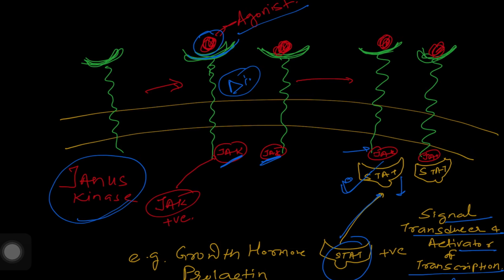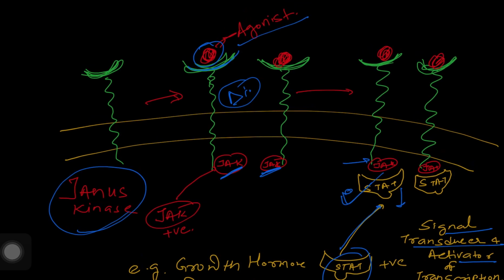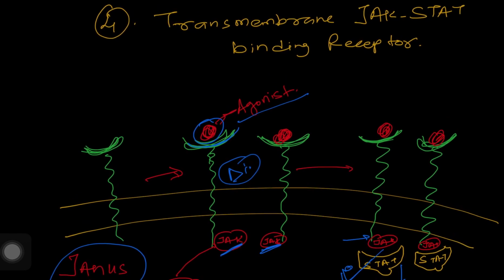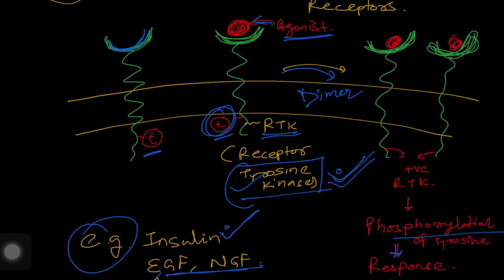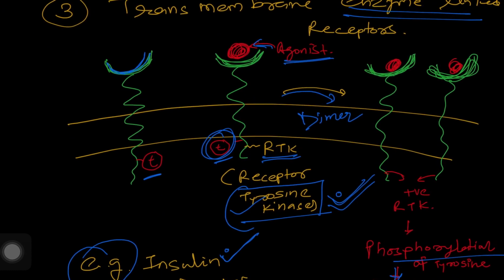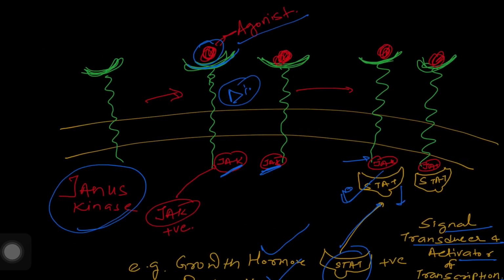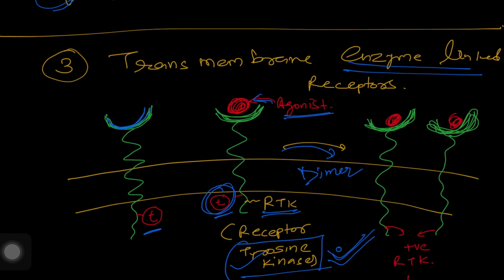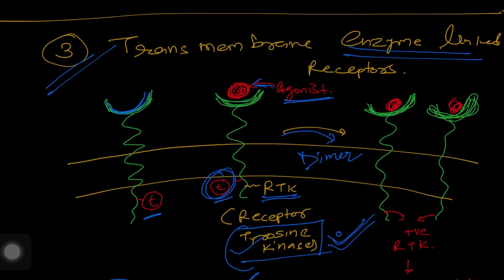Substances which work through this mechanism are hormones like growth hormone, prolactin, and some interferons we'll see in antivirals that work with this Janus kinase STAT system. So this is also the same kind of transmembrane enzyme linked receptor. This was also the same, but there the enzyme was tyrosine kinase and here the enzyme is Janus kinase. So these are the third type of receptors, transmembrane enzyme linked receptors.